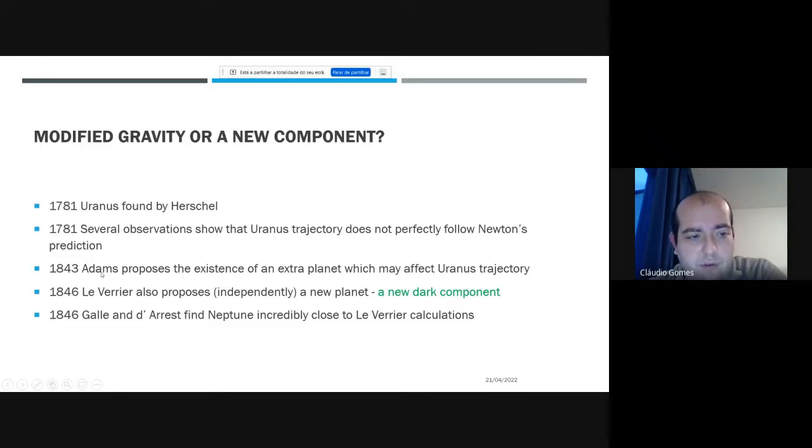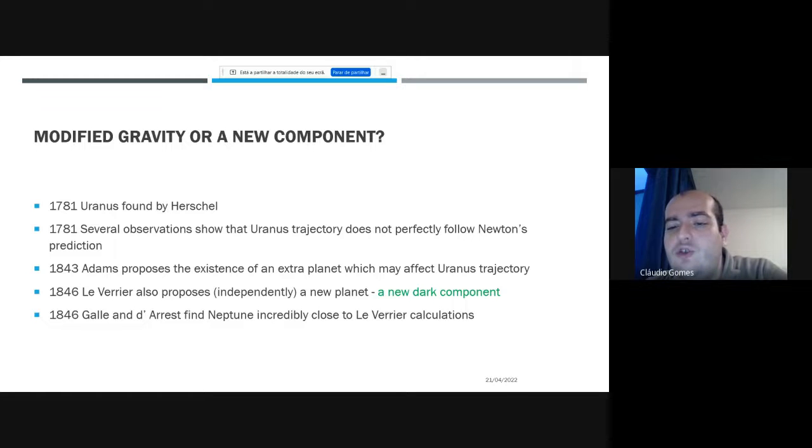And in particular, some years later, Adams proposed the existence of an exoplanet which might affect the Uranus trajectory. At the same time, and independently, Leverrier also proposed this kind of approach. So, a new planet would be the cause of the difference between what we observe in the trajectory of Uranus and what would be expected.